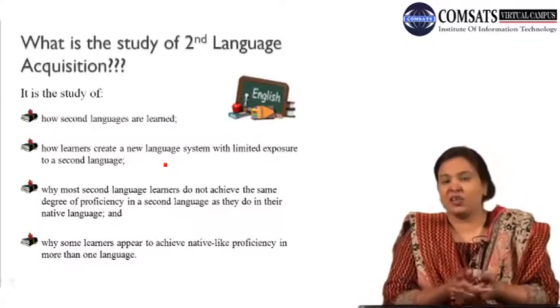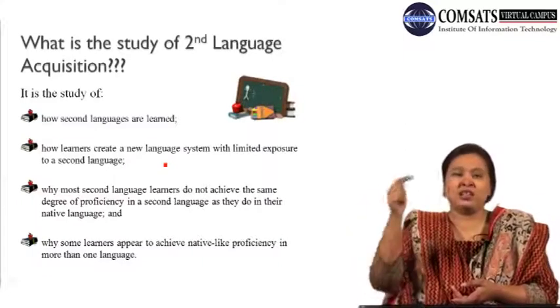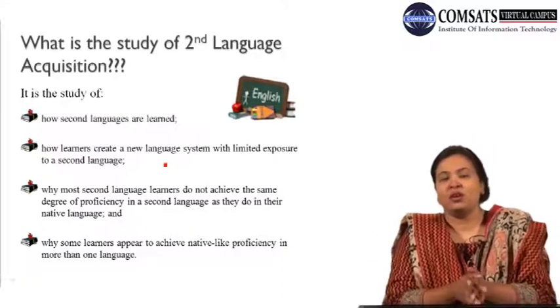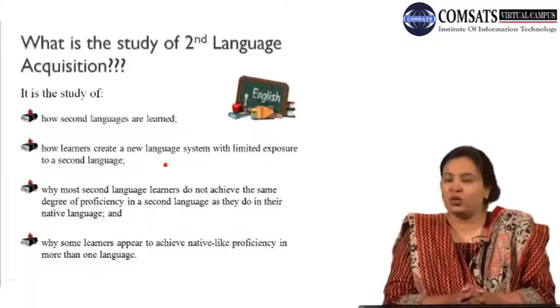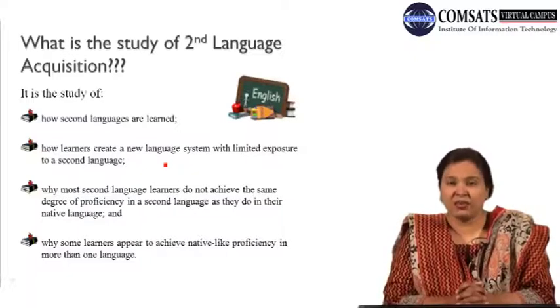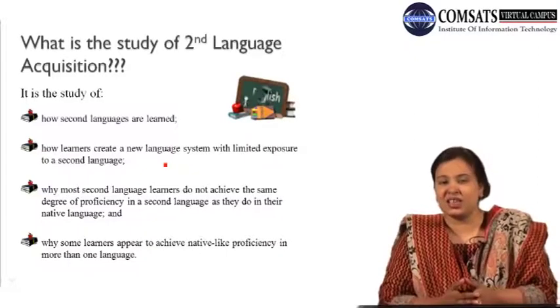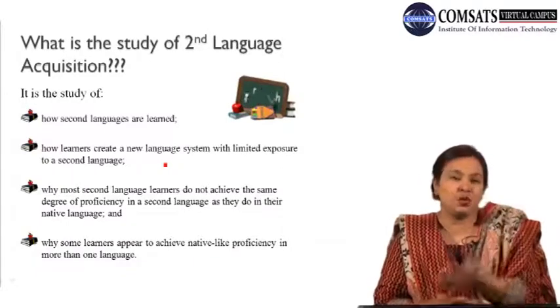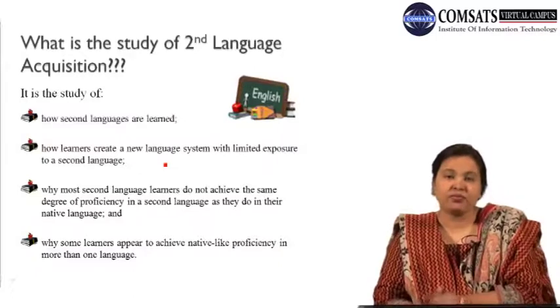Nowadays, that is 10 years of exposure to the English language, but still they are not good speakers of English. So again, what are the reasons? This is all about second language acquisition, the study of all these things.